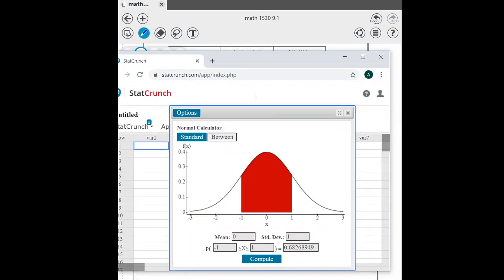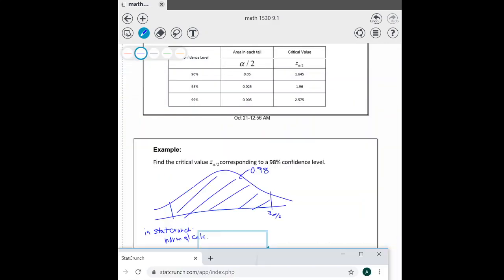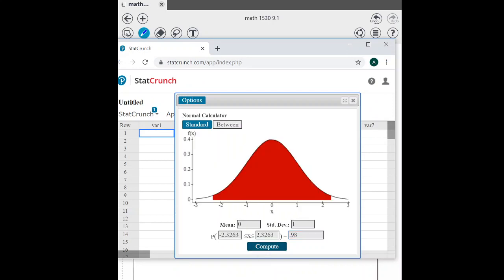And since this is standard normal, I know it's standard normal because we're talking about a z, right? A z is going to be standard normal. I don't know the z's in there, but what I do know is the area in the middle is 0.98. I think that's what the question said. Yeah, 0.98. So I'm going to put a 0.98 right there, push compute. So that negative 2.33 is our negative z alpha over 2, and our 2.33 is our positive z alpha over 2.